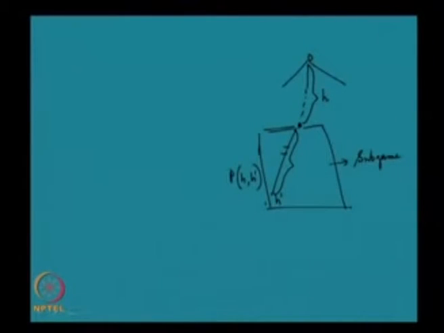And finally, the preferences: if there are two terminal histories h prime and h double prime, and if any player likes h prime to h double prime in the original game, then he is preferring h prime to h double prime in the subgame. Again, this is very intuitive.